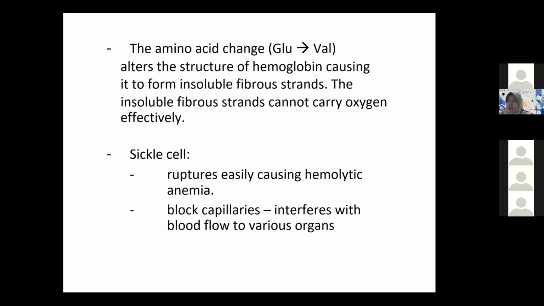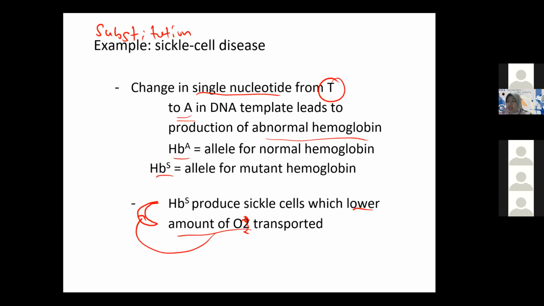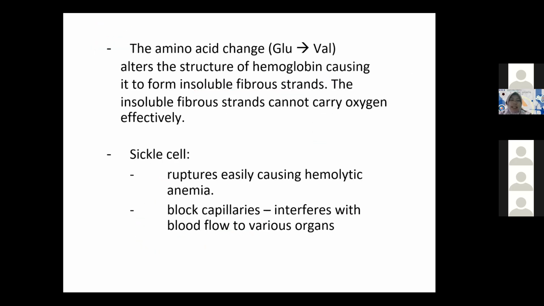And number 2, the amino acid changes when the nucleotide sequence changes. It also can change the mRNA, so when mRNA is changed, it can change the amino acid during translation. Amino acid changes from GLU to VAL.